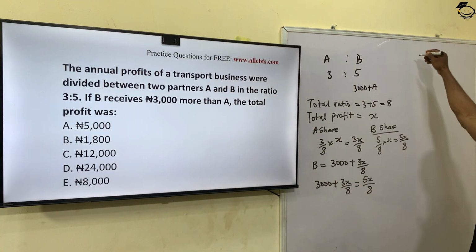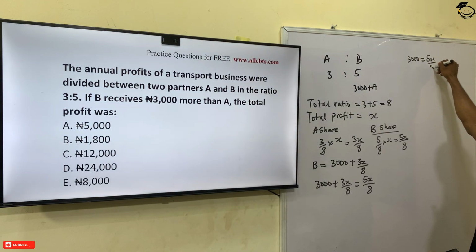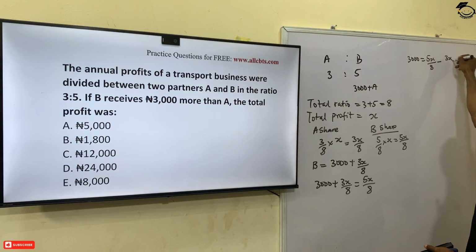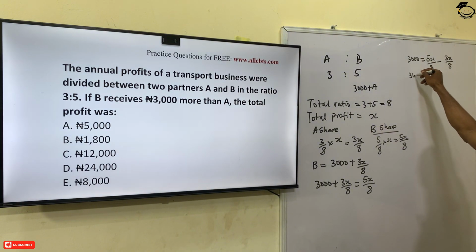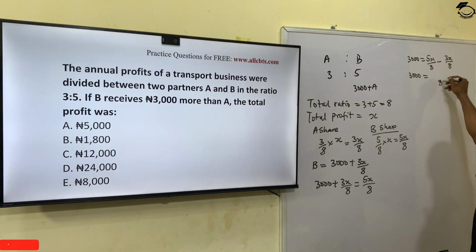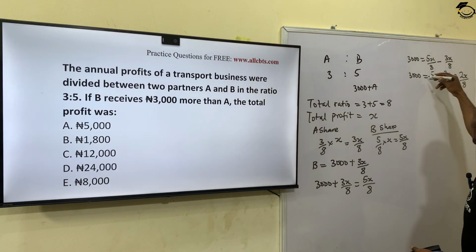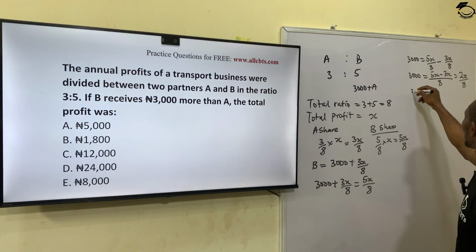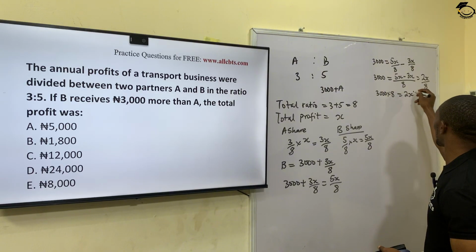Now in solving this out, we collect our like terms. This becomes 3,000 equals 5x/8 minus 3x/8. So this will give us 3,000 equals, our LCM here is 8, 5x minus 3x gives us 2x/8. Cross multiplying, 3,000 times 8 equals 2x.